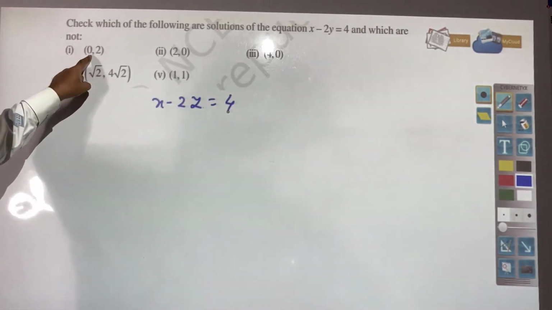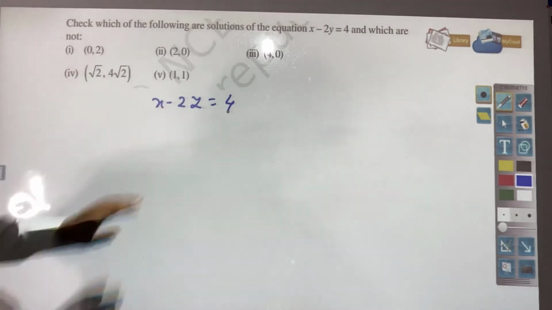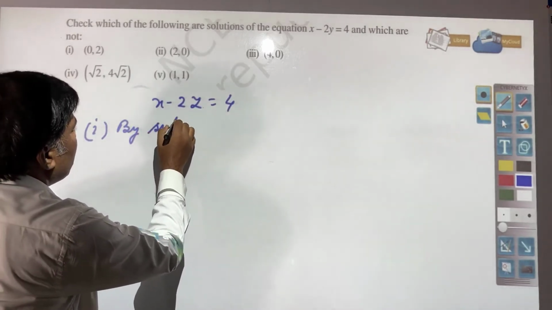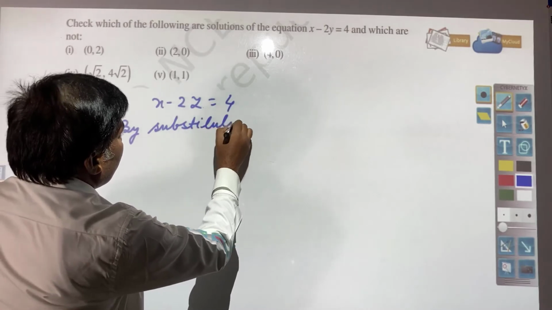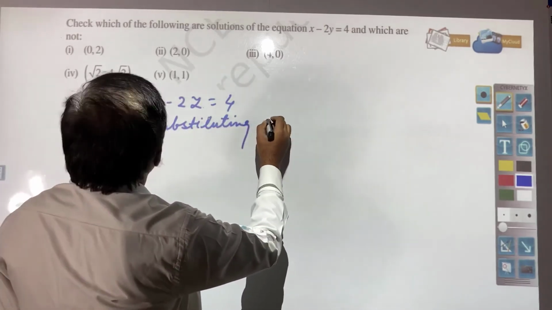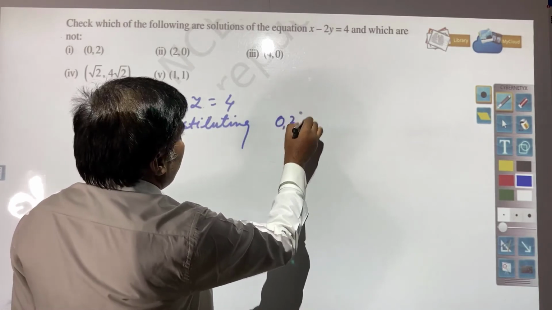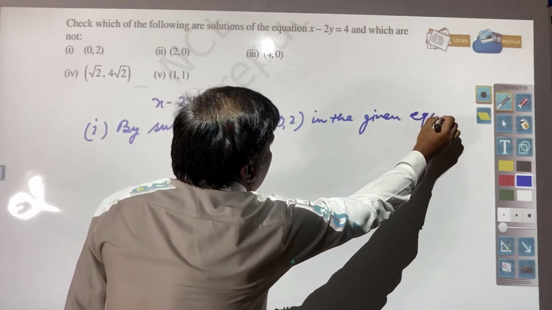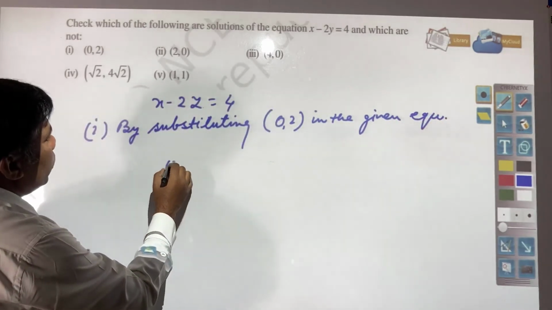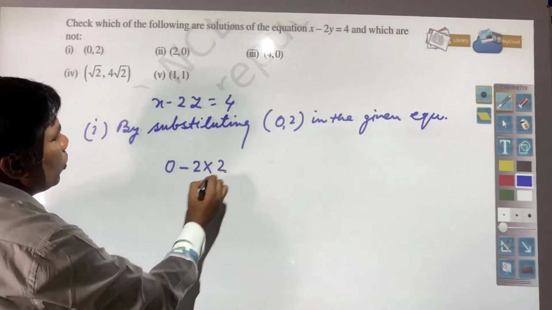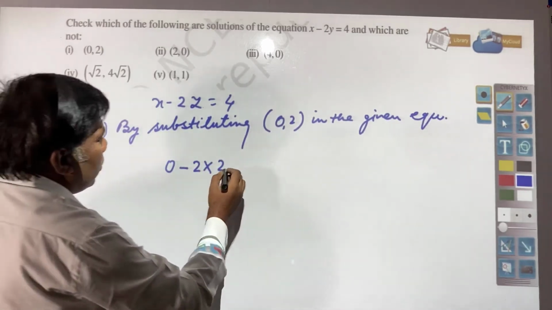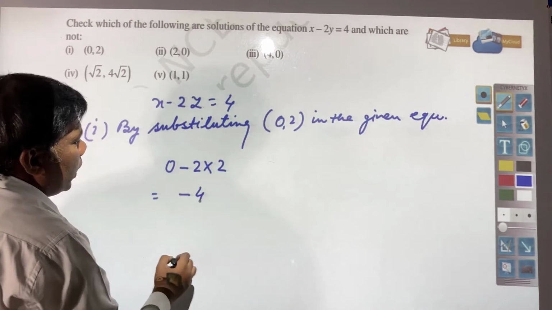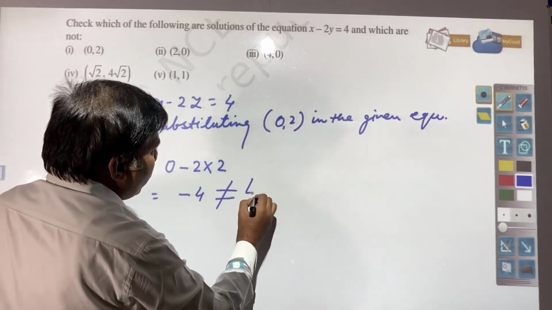What you need to do? X is equal to 0 and y is equal to 2 you need to put. By substituting 0 and 2 in the given equation, what you will get? 0 minus 2 into 2, and that is equal to minus 4, and that is not equal to 4.